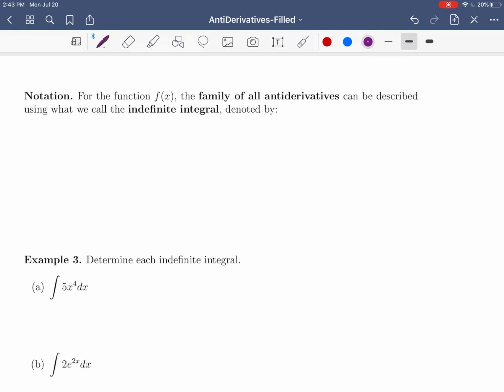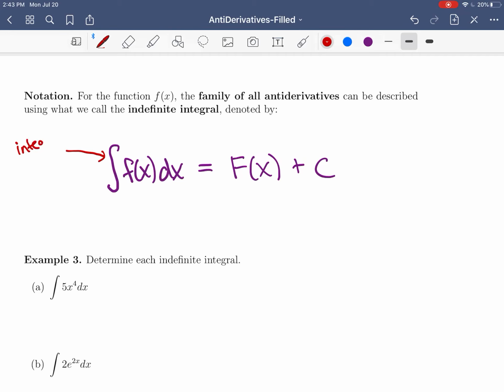I'm going to write the notation first. I have this weird symbol, and then I have f of x dx, which I'm going to talk about, and then we would write that this equals capital F of x plus c. So this is the notation. Now I'm just going to talk about each of these things. This weird symbol is called the integration symbol.